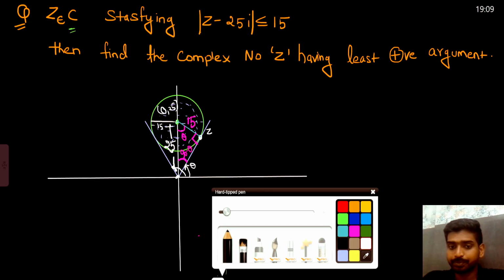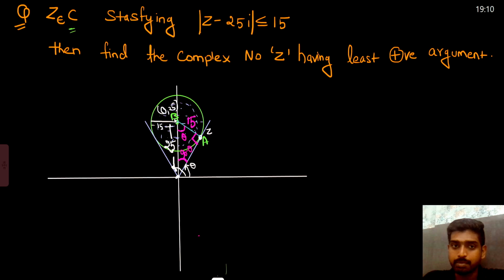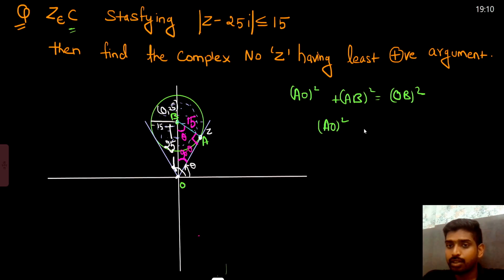Now we'll mark this point as A, this point as B, and the origin as O. If we apply the Pythagoras theorem, we get AO square plus AB square equals hypotenuse square. Hypotenuse is OB. We want to calculate AO square. What is the value of AB? AB is 15.